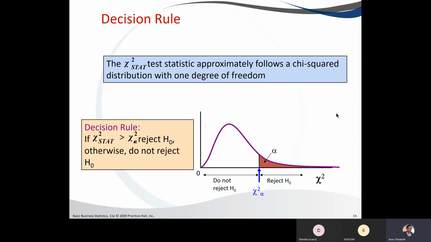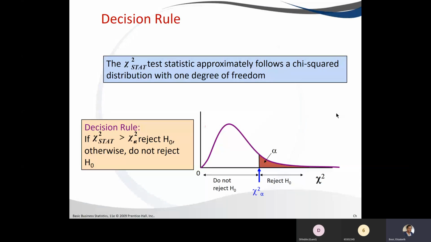Making a decision, for me, it's easier when I draw the graph than to always remember the decision rule. But the decision rule says if the test statistic is more than your critical value, then we reject the null hypothesis. But clearly, if we draw the graph, you should be able to see that the area of rejection will be determined by that critical value.